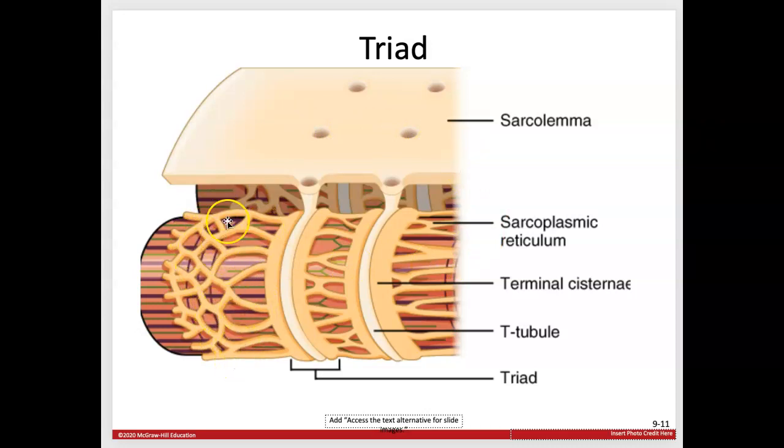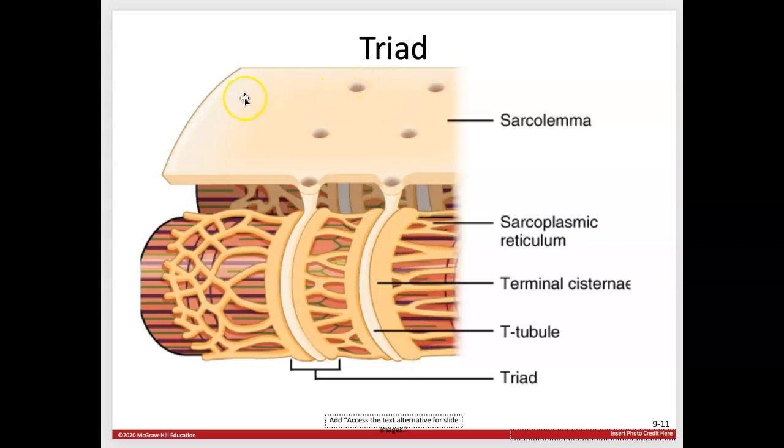And then this woven, sweater-like, Afghan-like design here is the sarcoplasmic reticulum. You can see that the sarcoplasmic reticulum has these bulges here and here in the same color, and those are called the terminal cisternae.